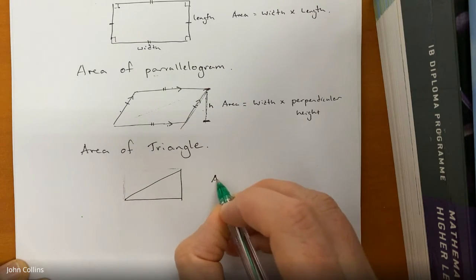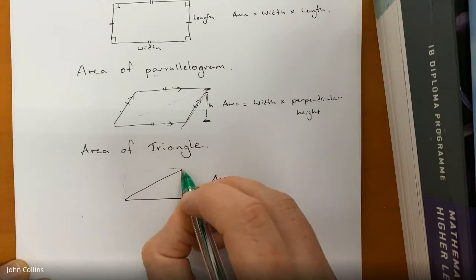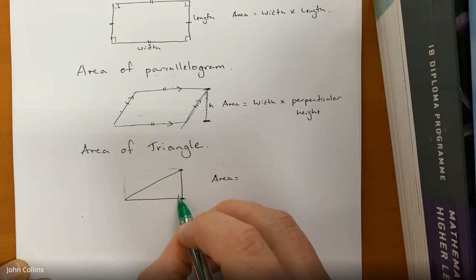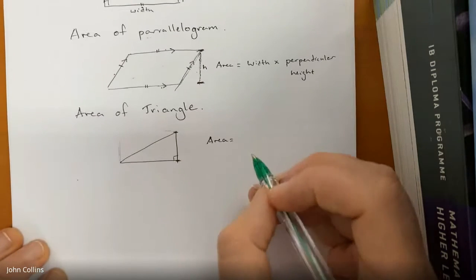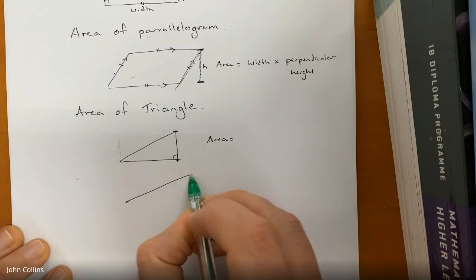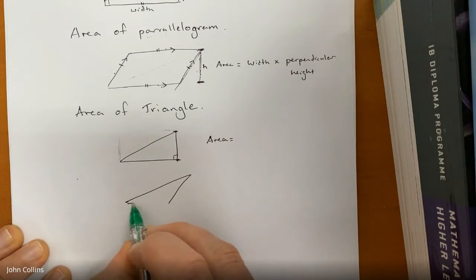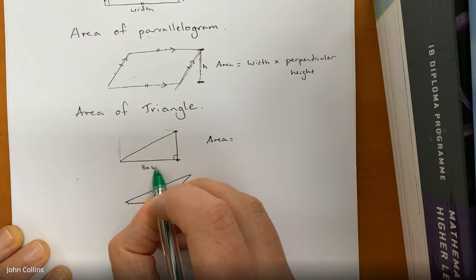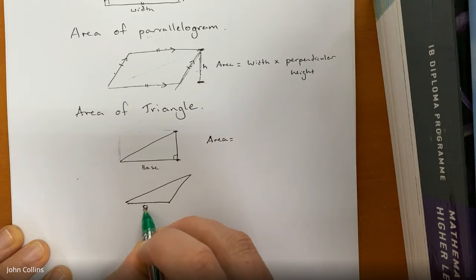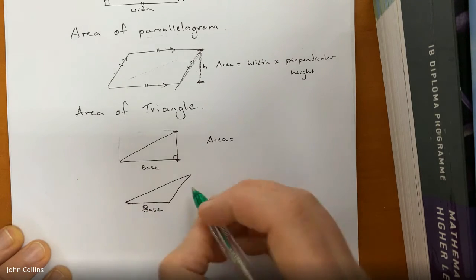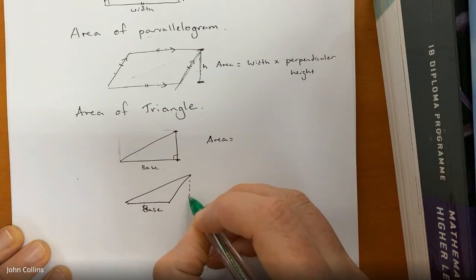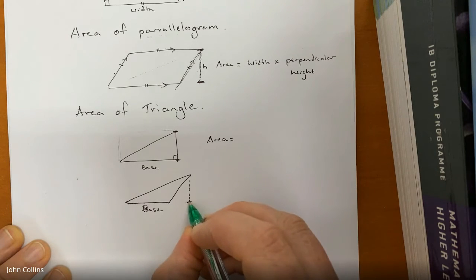So the area of a triangle also uses the straight up height. Now in this case, I have drawn a right angle triangle, but if it's not a right angle triangle, such as a triangle like this, you would use the base and multiply it by this height, which would be marked off the triangle.